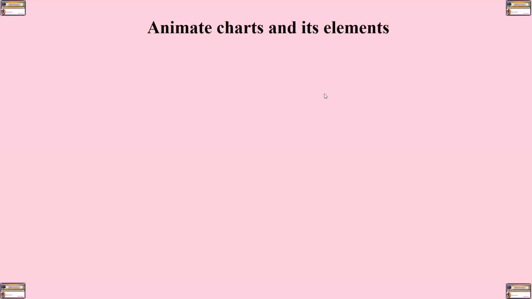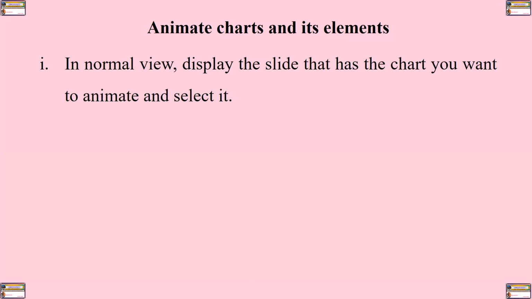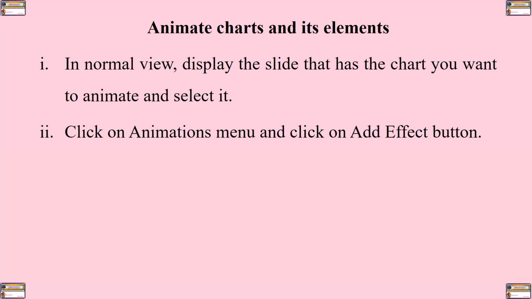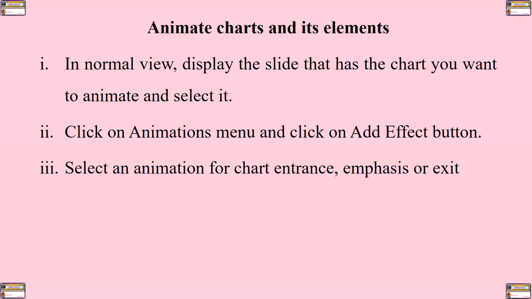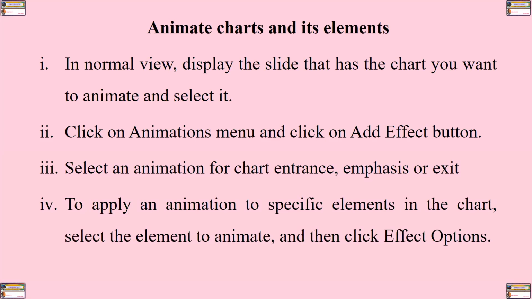You can also animate charts and its elements. Now, to animate a chart and its elements, in normal view, you display the slide that has the chart you want to animate and select it. Then click on Animations menu and click on Add Effect button. Select an animation for chart entrance, emphasis, or exit.